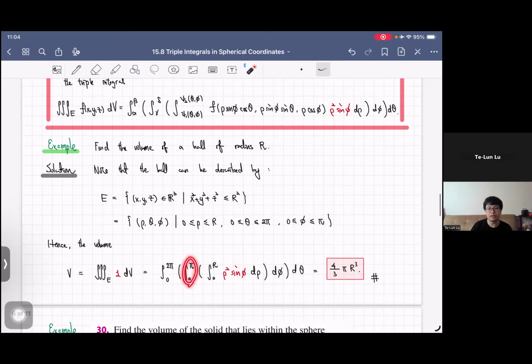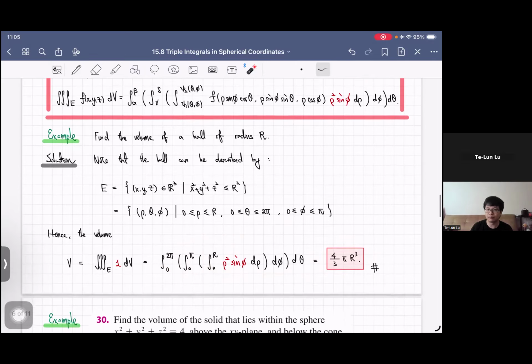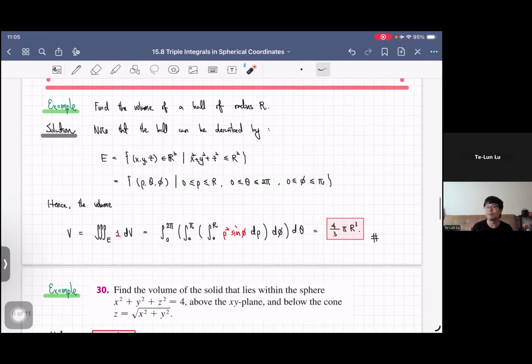Plugging in pi and 0 gives you 2. Whereas rho squared integrating gives you rho cubed divided by 3. So this gives us r cubed divided by 3. And so combine everything, you should get 4 over 3 pi r cubed as usual. So you can see that this is much simpler in comparison to using maybe washer method or cylindrical method, because this particular coordinate is designed for this type of region.